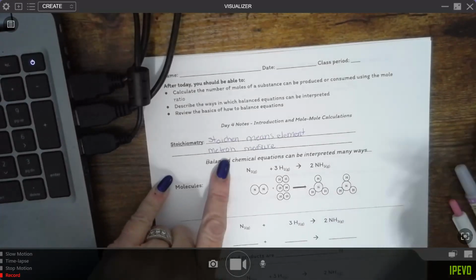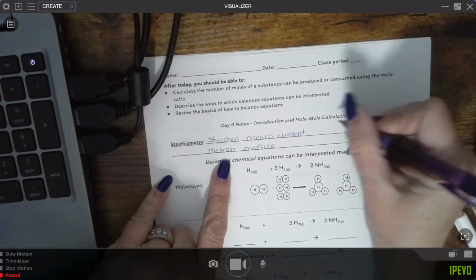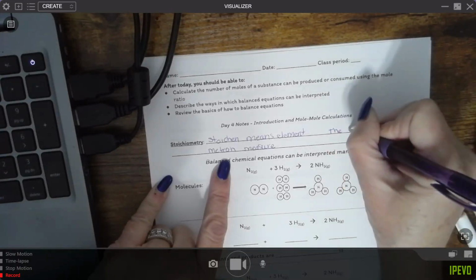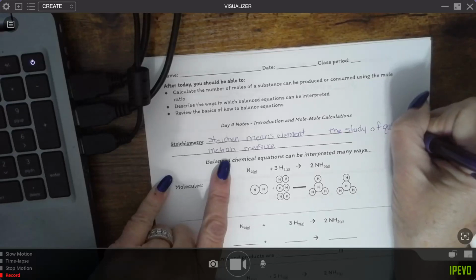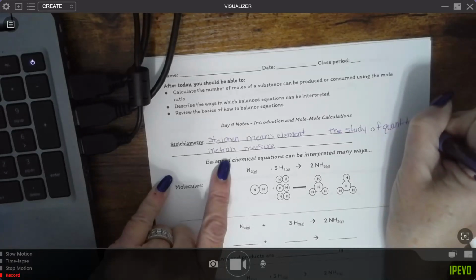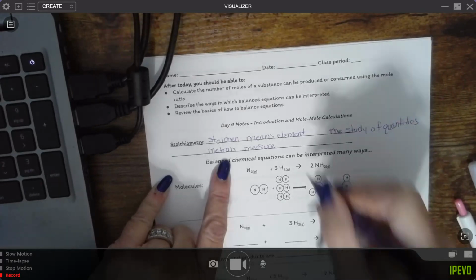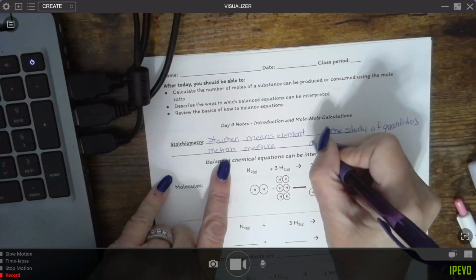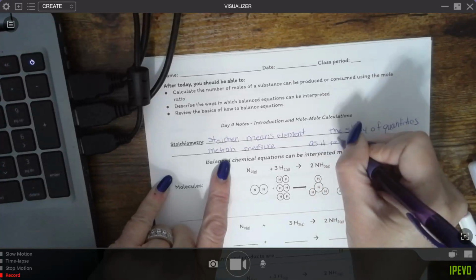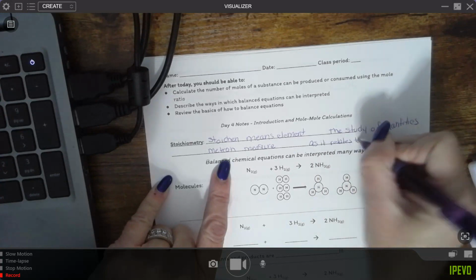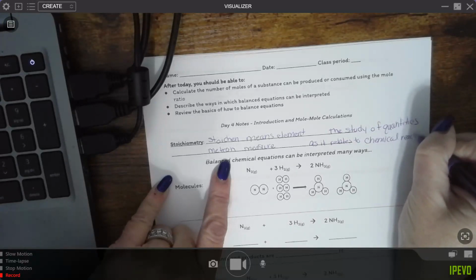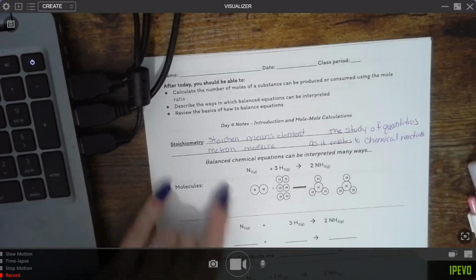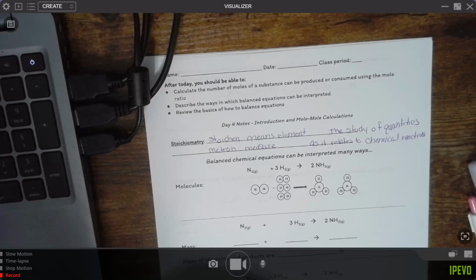The official definition of stoichiometry is the study of quantities as it relates to chemical reactions. Okay, that's the official definition.